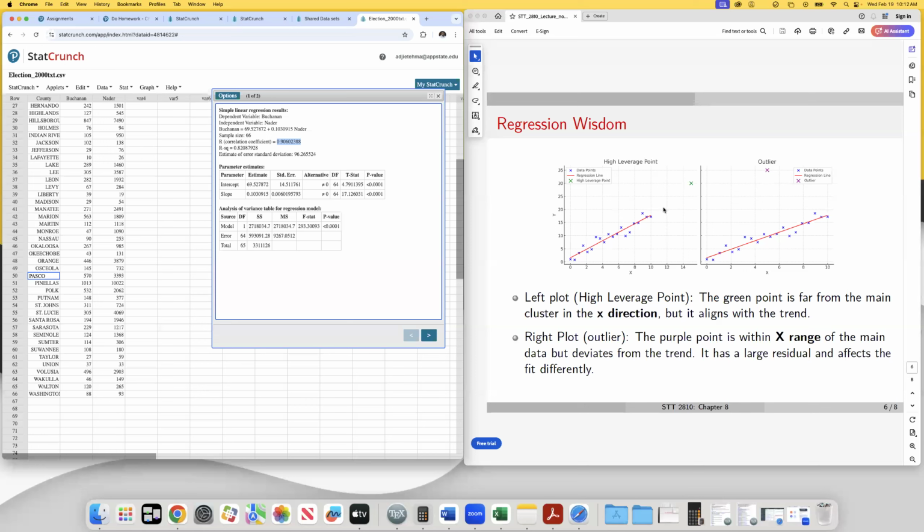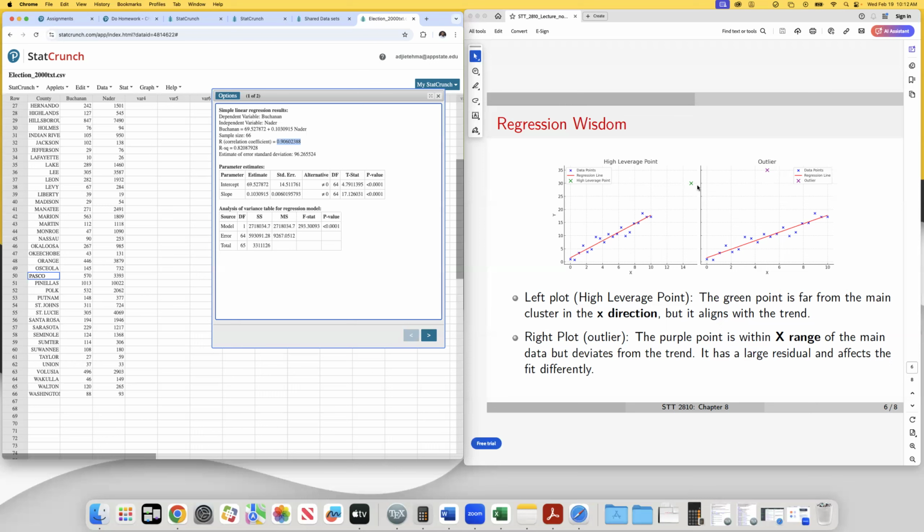But here, though you can see from this line that it is far from the X values, it's fitting the overall pattern. Even if you draw the line, it won't be that far from the line of best fit. So you see that's going to have a small error. Remember, the error is what? Observed minus predicted. So this is a graph to show you or explain what a high leverage point is and what an outlier is.